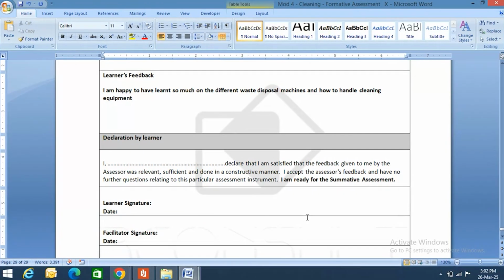Okay. And then the declaration, you're going to say, please write your full name and surname, signature, and the date is also the 27th. Write your name.